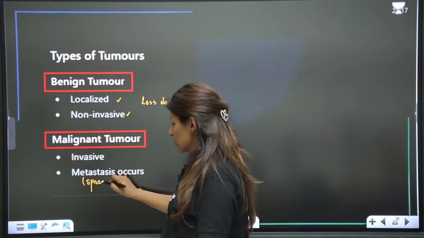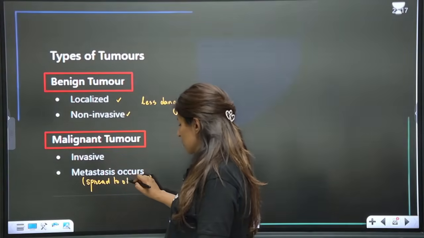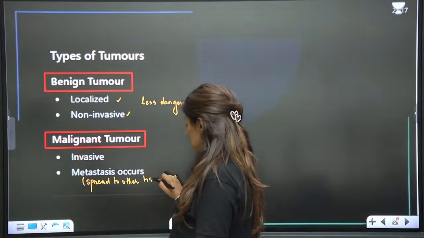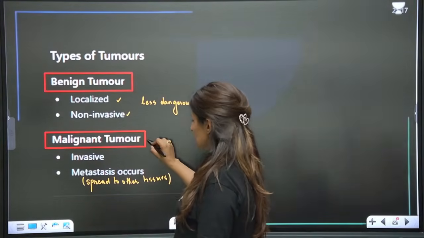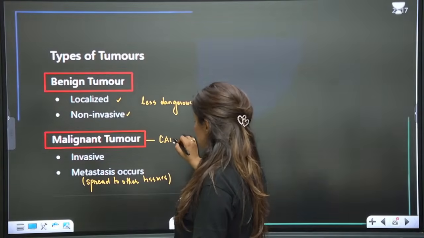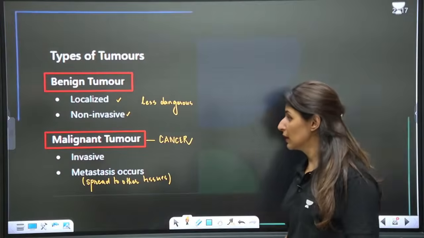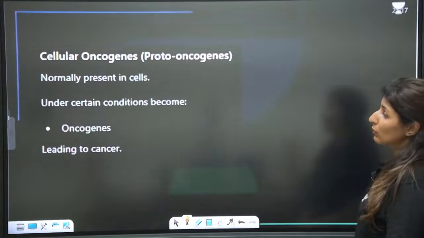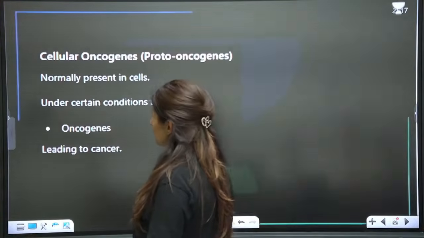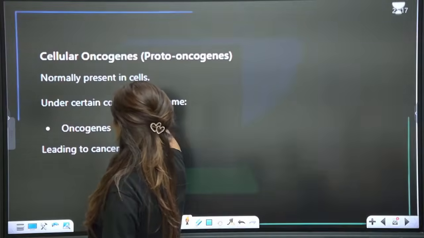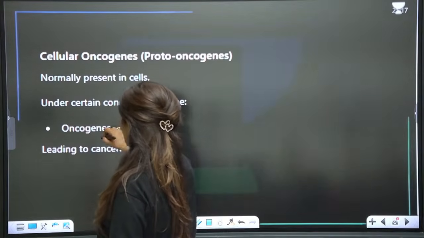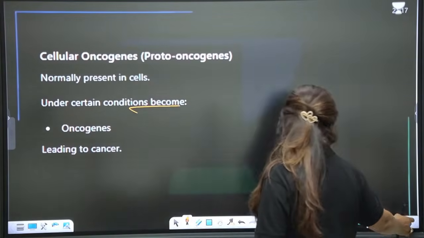That spread is known as metastasis. Hence this tumor is known as cancer, and this is a very serious matter. Is that clear? These are the types of tumors. Now, I told you proto-oncogenes, which are normally present in cells, under certain conditions become oncogenes, leading to cancer.